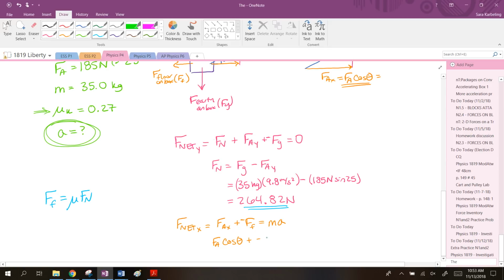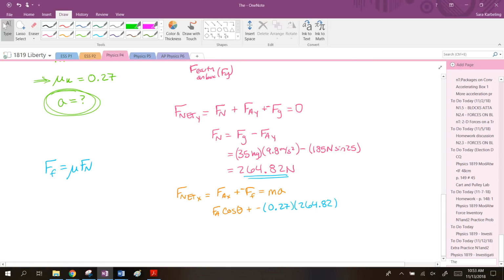So now I can throw in my mu, which is 0.27, and I'm going to multiply that by the normal force that I found, which was the 264.82. And that will give me my frictional force. I'm going to take that and divide it by my mass, and that will tell me my acceleration.